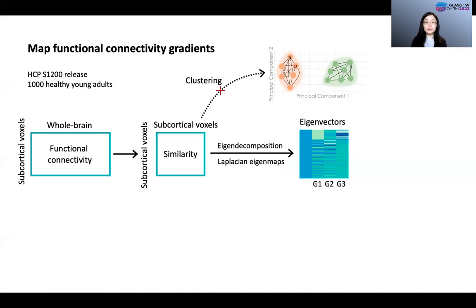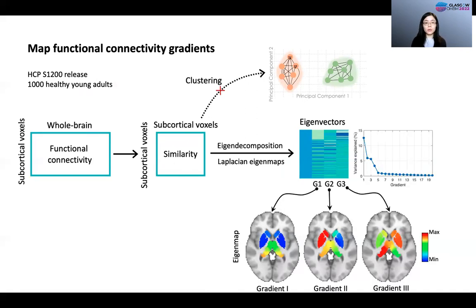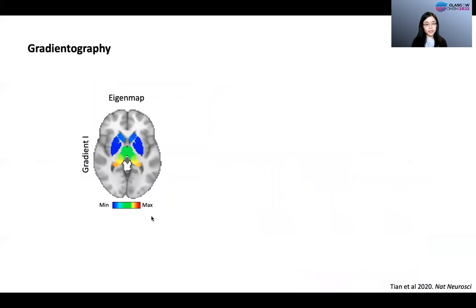To simplify this talk, I will only focus on the first principal gradient as it explains the most variance. When we project the value for each subcortical voxel onto the brain, we have this eigenmap. So here is the gradient map.